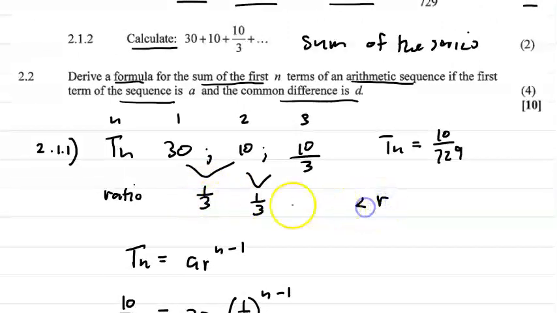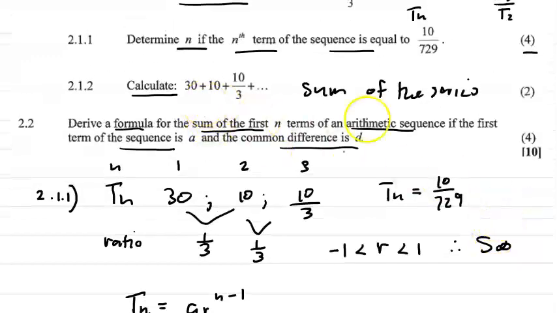Basically, r is between minus 1 and plus 1. Therefore, the sum to infinity exists. So what they want us to do in this question is to find the sum to infinity, because r is greater than minus 1 and less than 1.